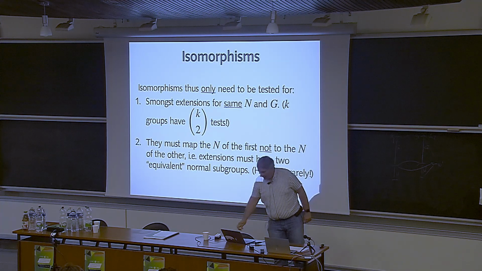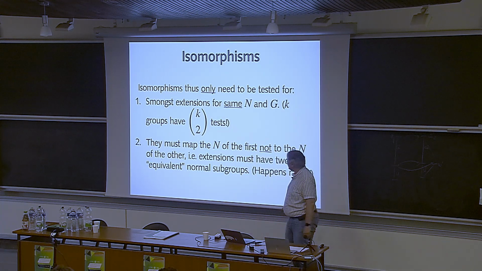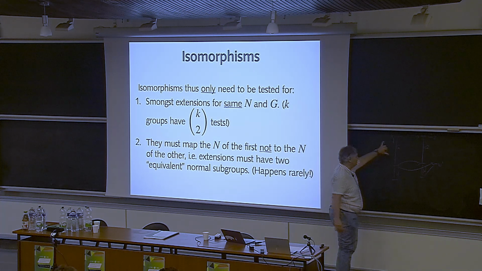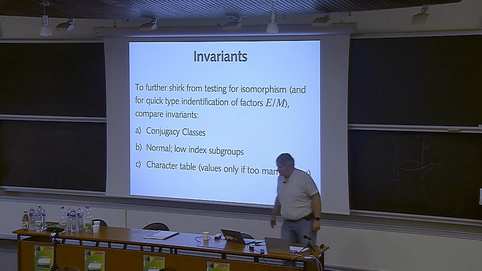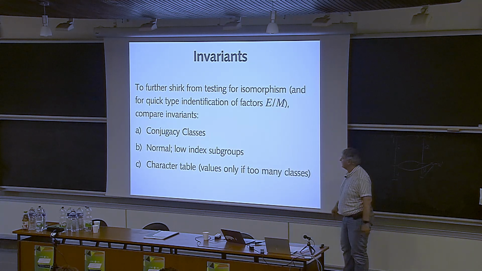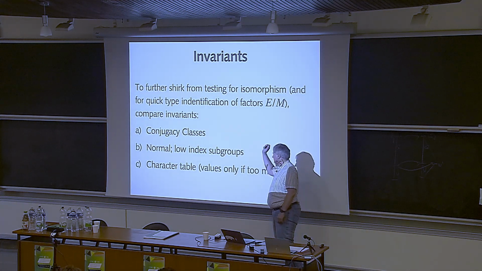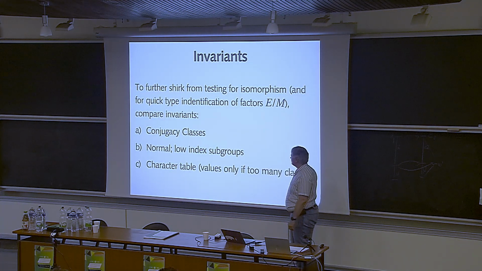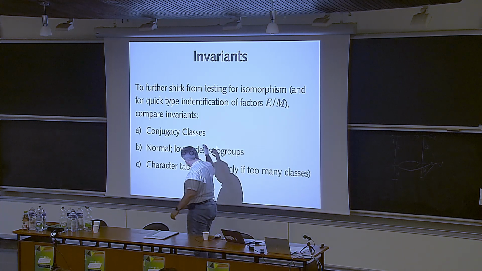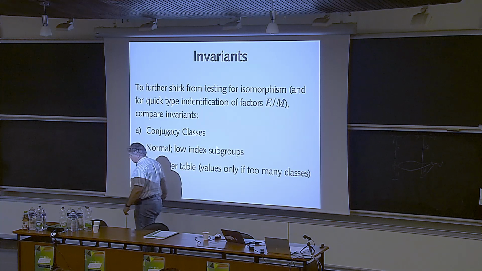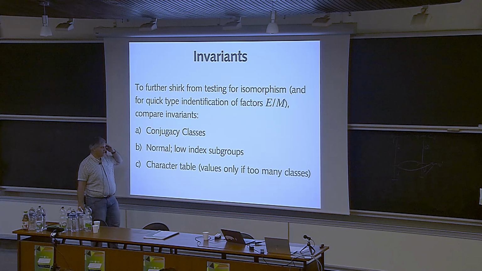Okay. Well, still to reduce isomorphism tests, I also need to identify the type of the factor group. I don't want to do this with an isomorphism test, so I'll do this with isomorphism invariants: number, sizes, order representatives for conjugacy classes, orders of normal subgroups, multiplicities of subgroups of small index, character tables if there are not too many classes.